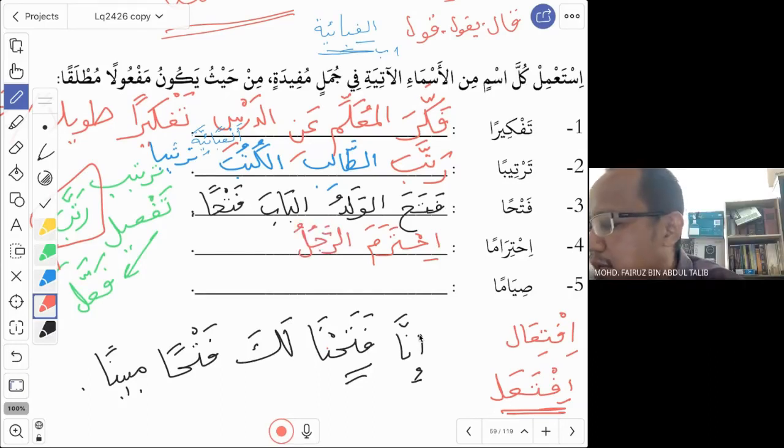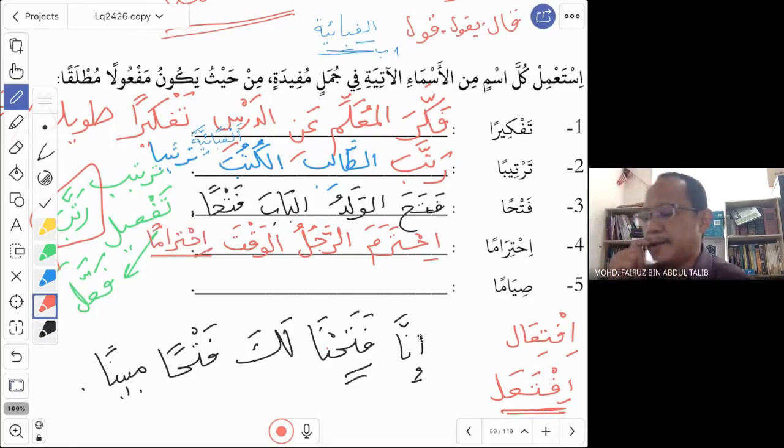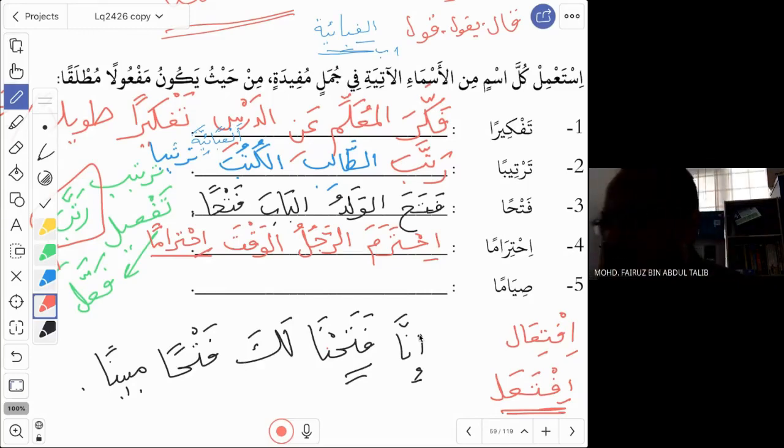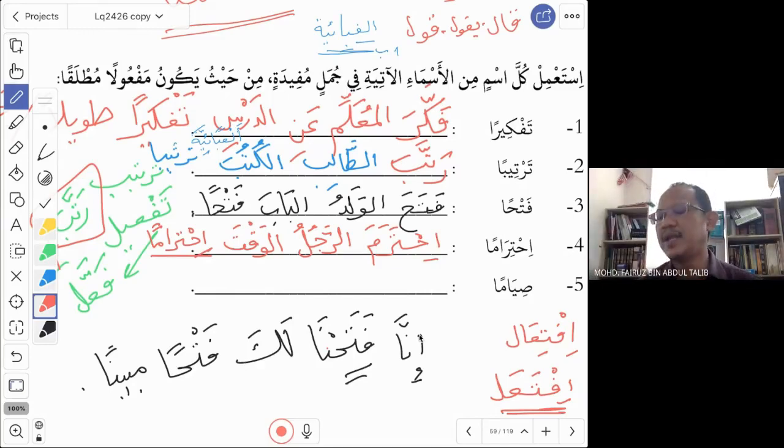Ihtarama al-rajulu al-waqta. And then put the word ihtiraman in the end. Okay, so now it becomes maf'ul mutlaq. Ihtarama ar-rajulu al-waqta ihtiraman. You can add an adjective if you want. Ihtiraman jayyidan. Sahih.